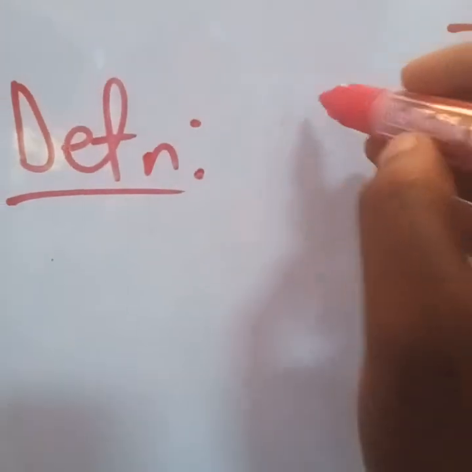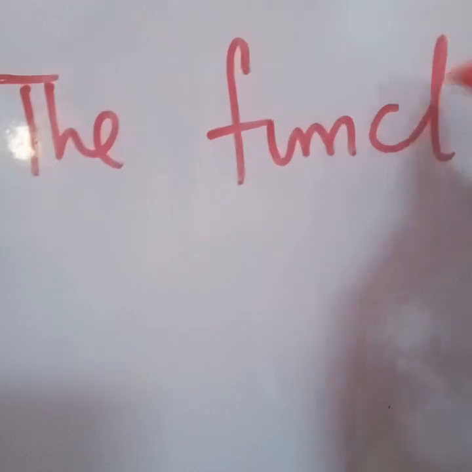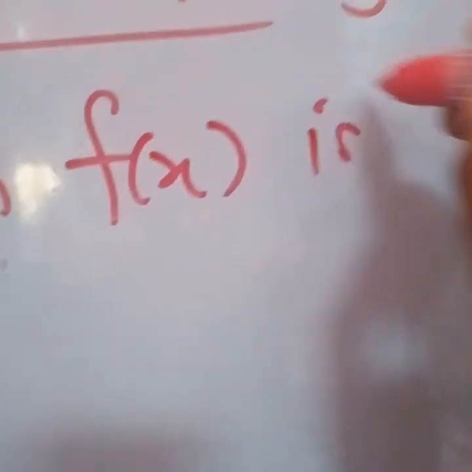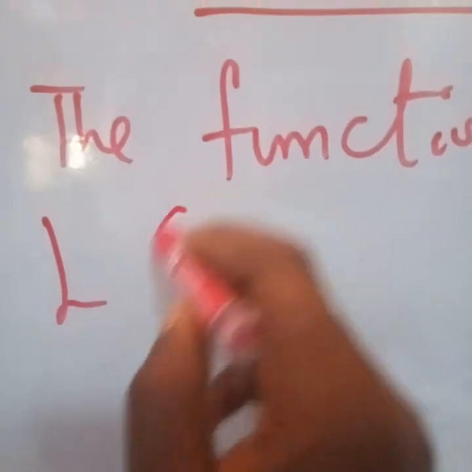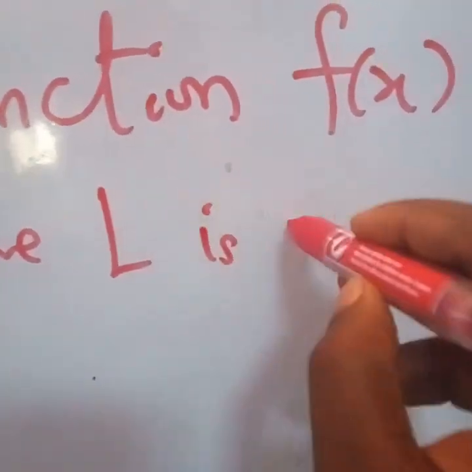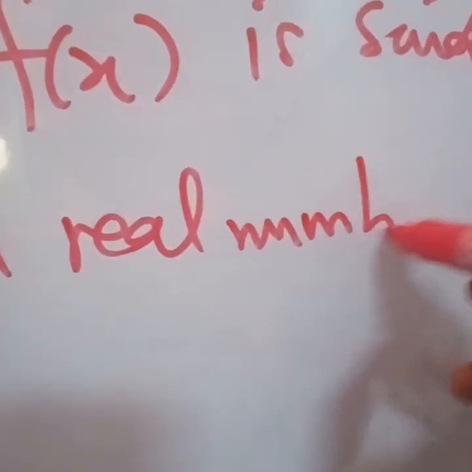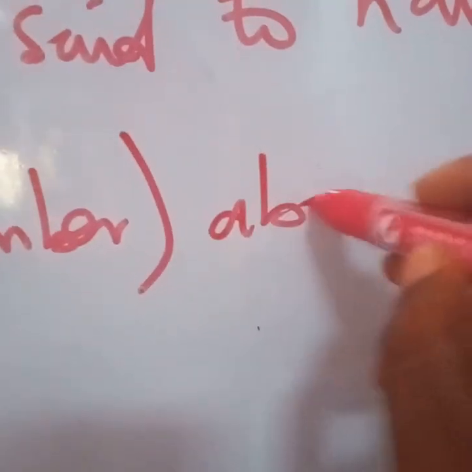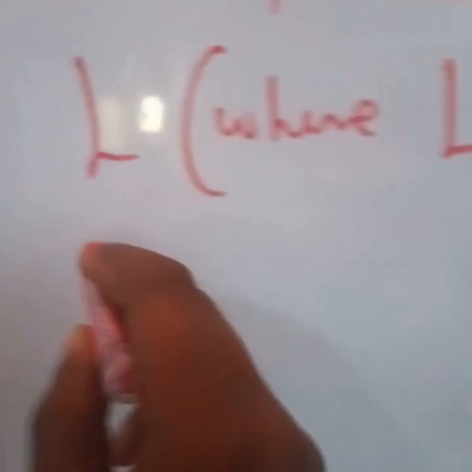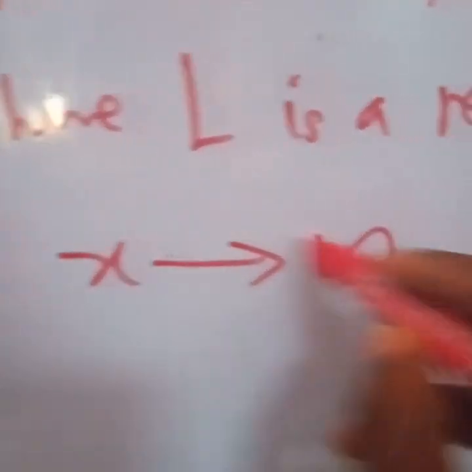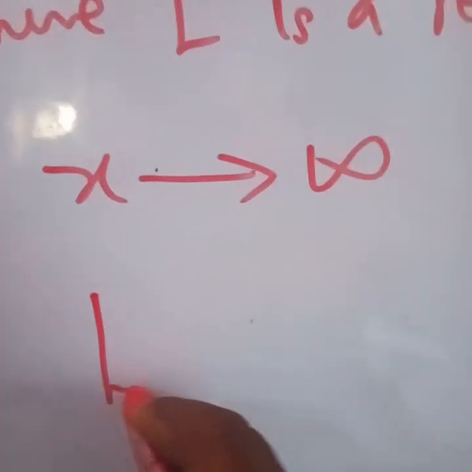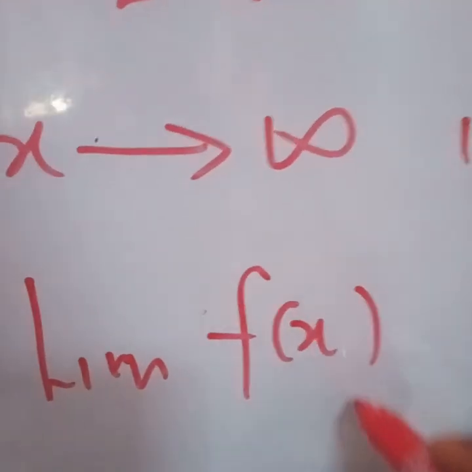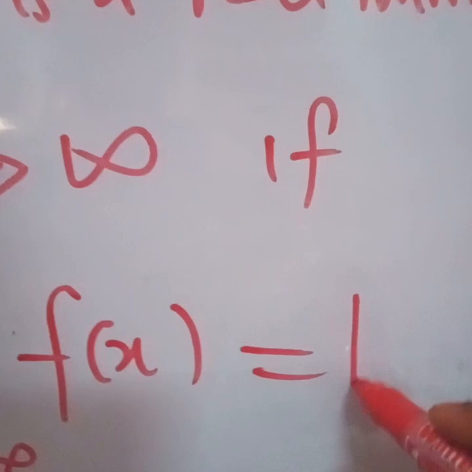Definition: the function f of x is said to have a limit L, where L is a real number, as x tends to infinity, if the limit of f of x as x tends to infinity is a real number.